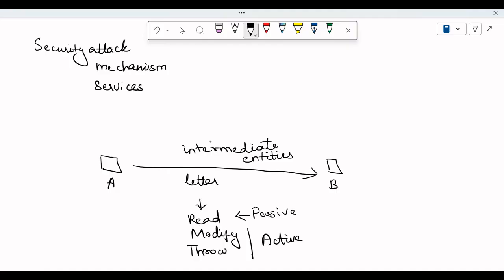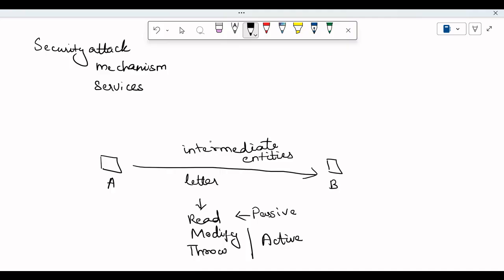So a security attack is compromising the security of information which is owned by a particular person or an organization. These attacks can be broadly categorized as passive attack and active attack. In the case of passive attack, no physical changes will be done to the content being transmitted.